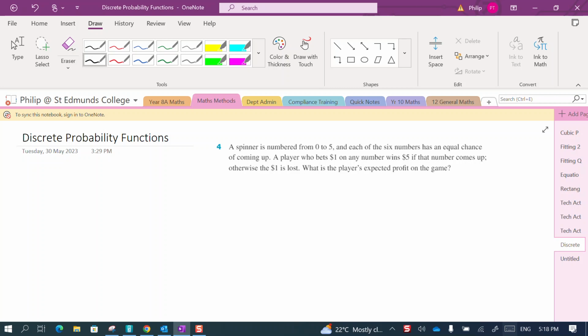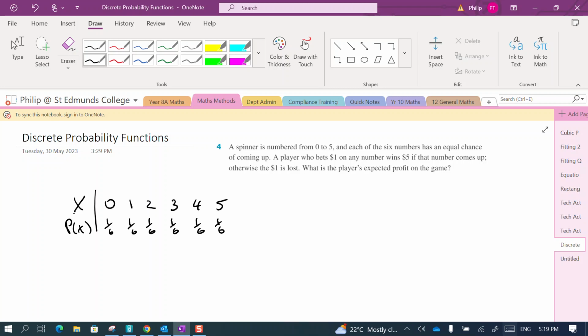Now you might be tempted to go, the outcomes of this experiment are 0, 1, 2, 3, 4, and 5, and the probability of each of these outcomes is equally likely, so it's 1 in 6 for each of them. But the complication with approaching the question in this manner is that we don't know which number the player bets on.